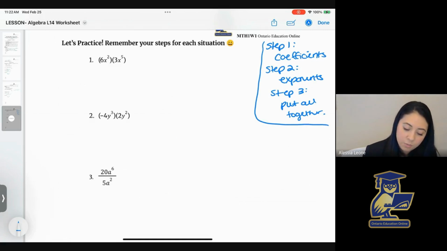Okay, let's begin. 6x squared, 3x to the power of 5. We know this is multiplication. So we remember back to multiplication. We are adding exponents.